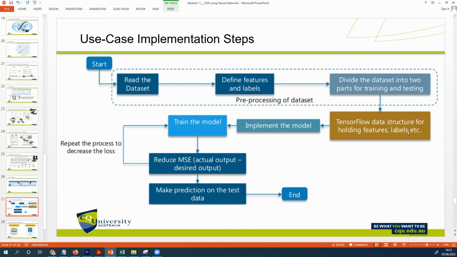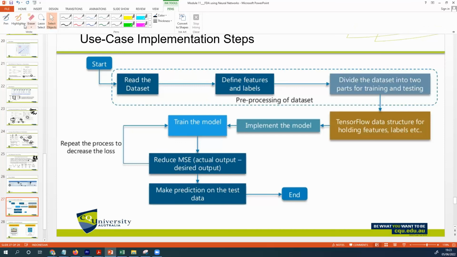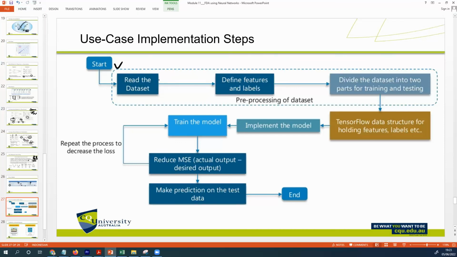So the process in the neural network is: you start, read the dataset, define features and labels, and then divide the dataset into training and testing. After that, on the TensorFlow or Keras platform, develop the structure, implement the model, and train the model.